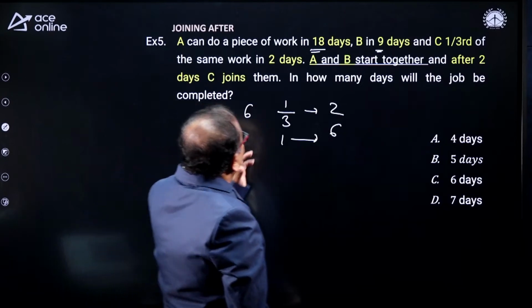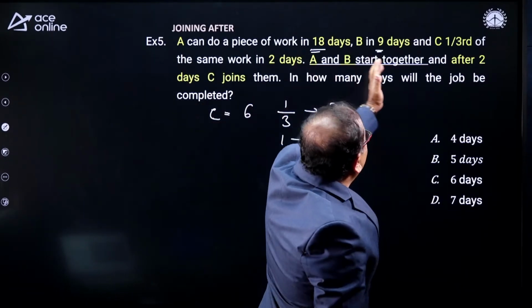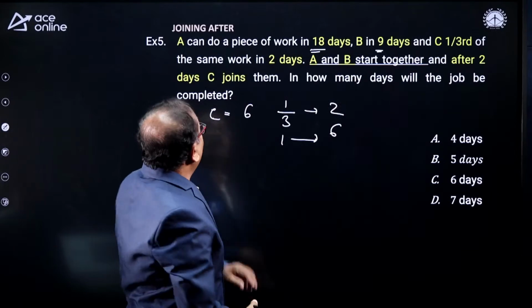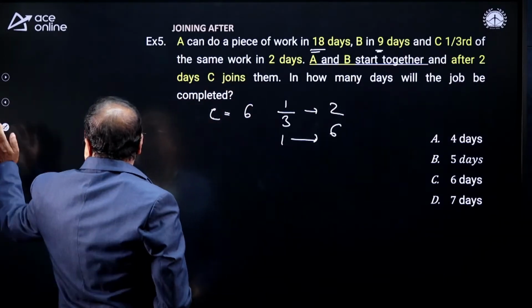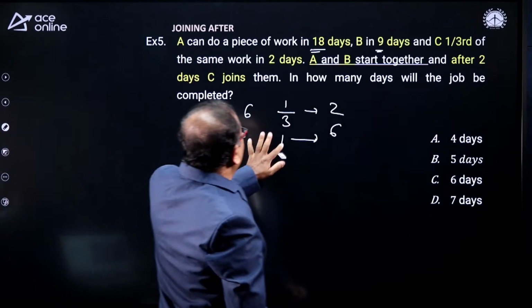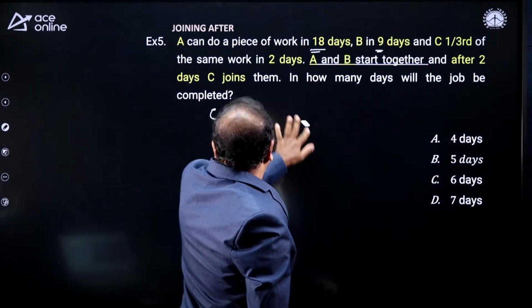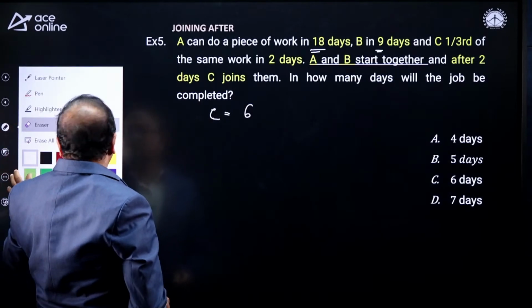Now it is said that A and B started the work and after 2 days C joins. So this is again the question. Let's take out the rough calculation.